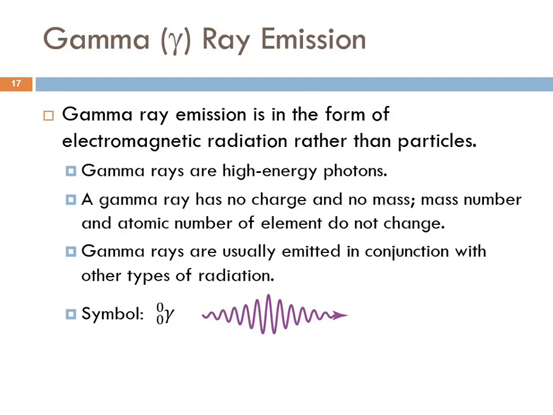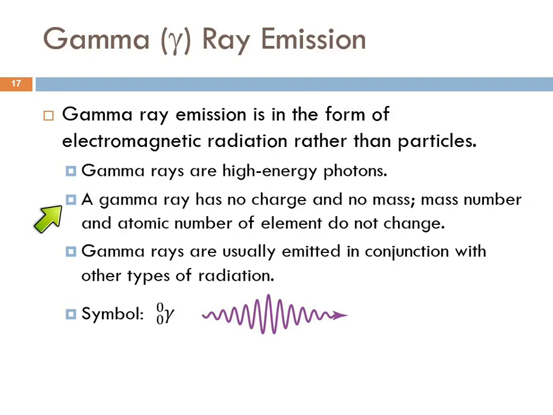Gamma emission, gamma ray emission. So this is different than the alpha and beta decay. Those were actual particles. This is electromagnetic radiation. Gamma rays are high energy photons.